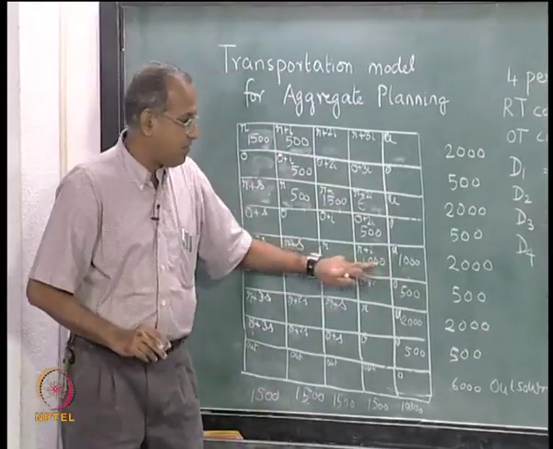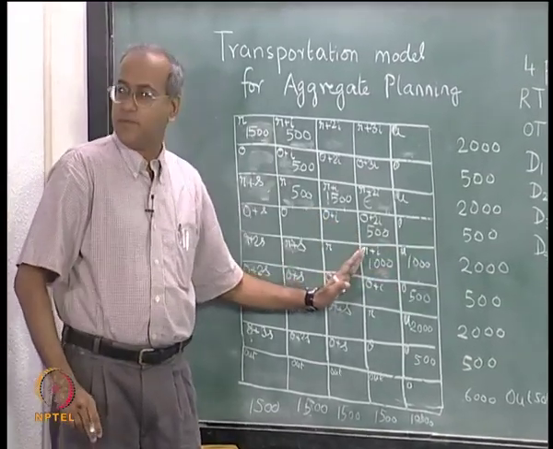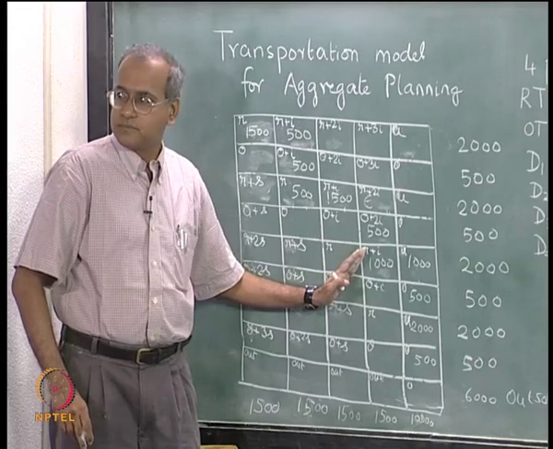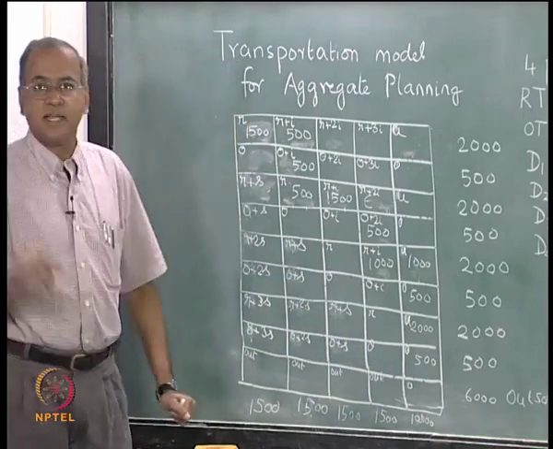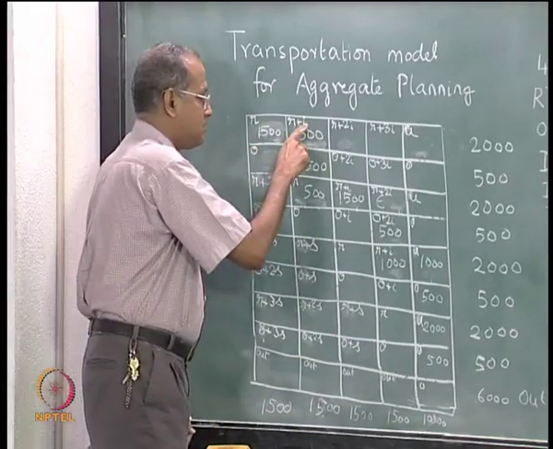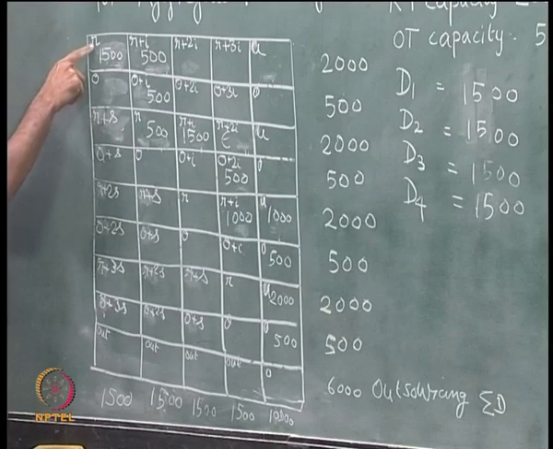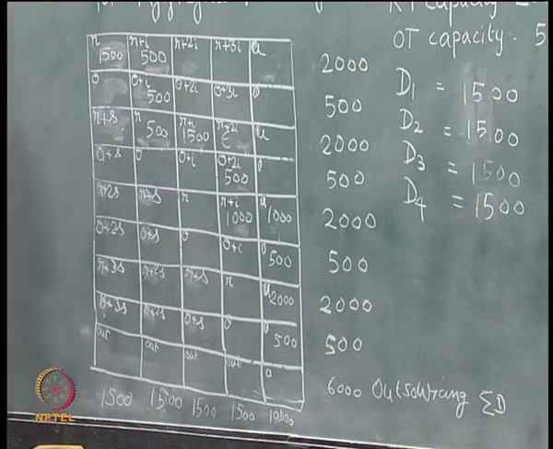So, this is an example where the 2000 regular time capacity is not utilized fully, it is utilized partly only. So, now this table uses 6 costs instead of 8: inventory, shortage, regular time, overtime, outsourcing, underutilization.